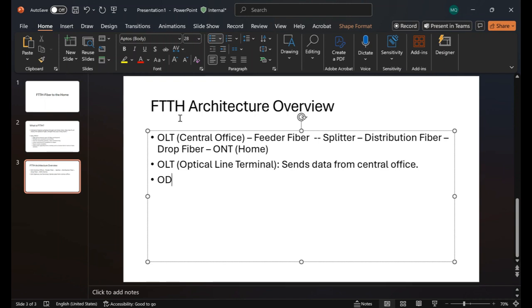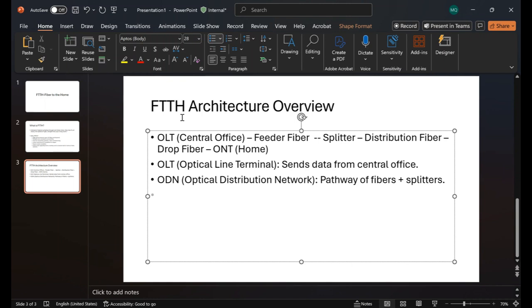Number two, ODN, optical distribution network, pathway of fiber, splitters.